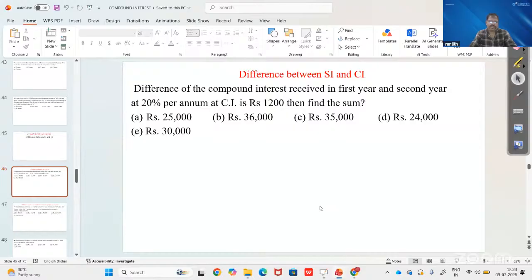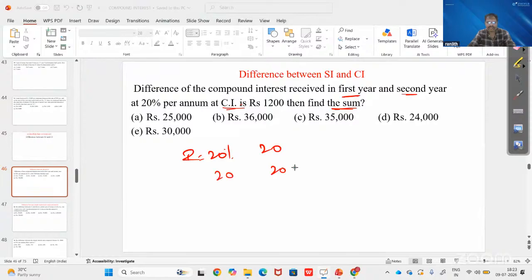The difference of the compound interest received in the first year and second year at 20 percent per annum is 1,200. Then find the sum. Just now we discussed 20 and 20, here also 20, here also 20.